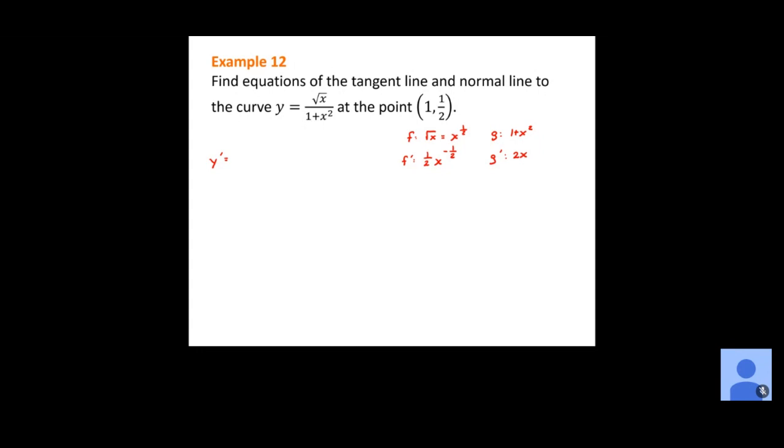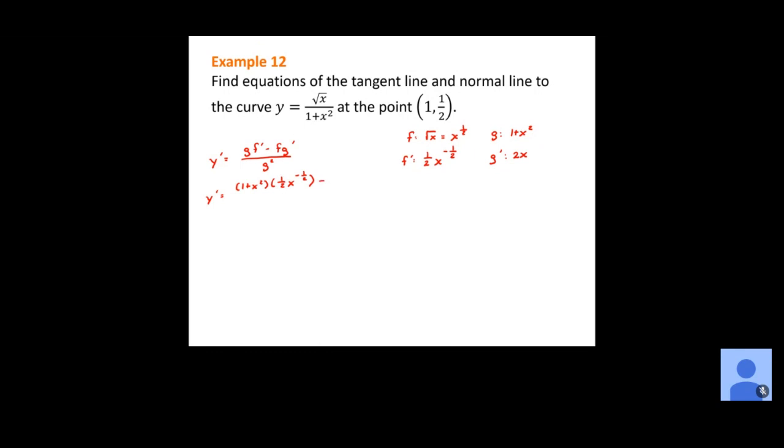Remember, our quotient rule is g times f prime minus f times g prime, all over g squared. So now I'm just going to plug in those pieces. We start with the g function, 1 plus x squared, times f prime, which is 1/2 x to the negative 1/2.